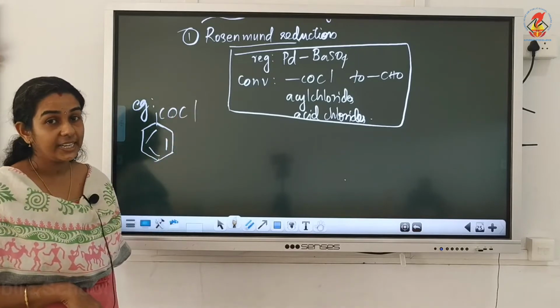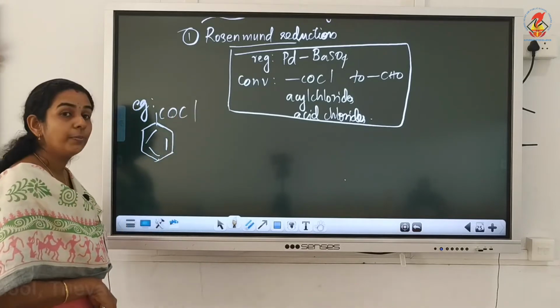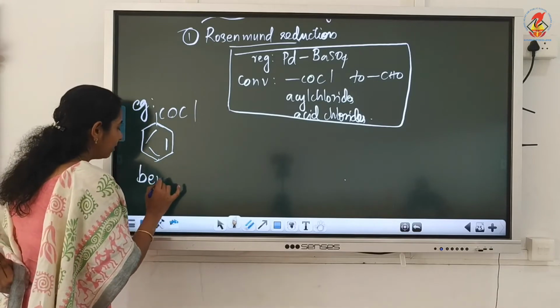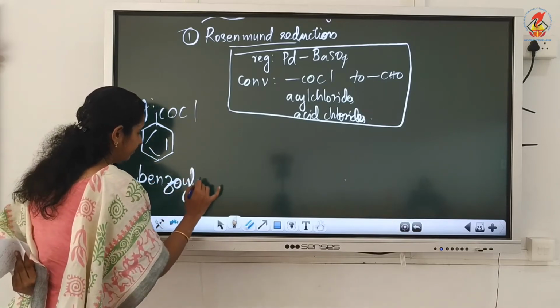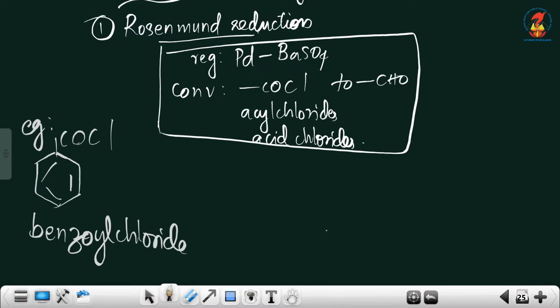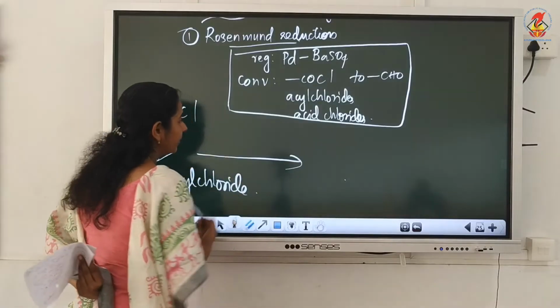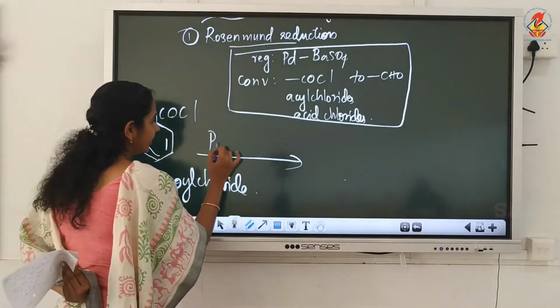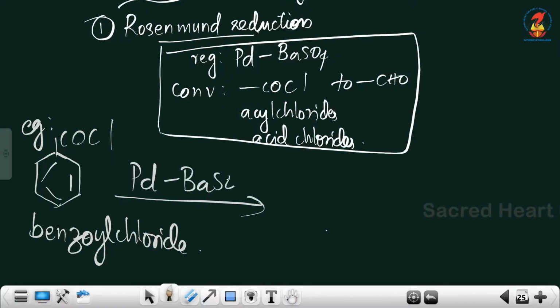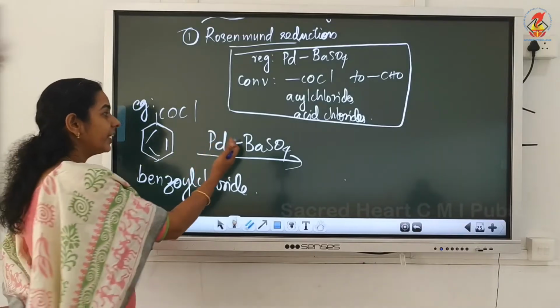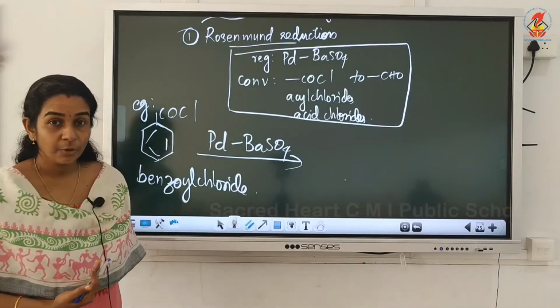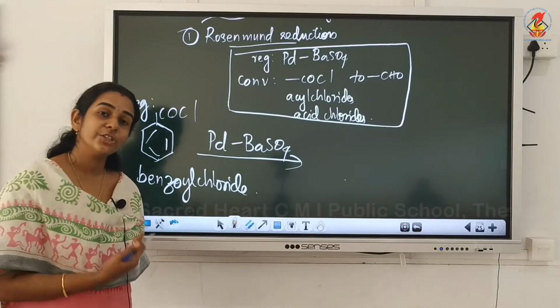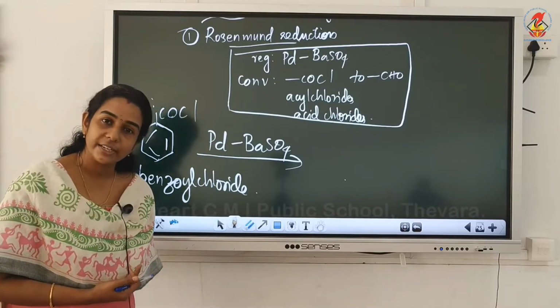Benzene ring containing COCl, the name of the compound is benzoyl chloride. So, if a question comes, benzoyl chloride, above the arrow it is written as palladium on barium sulfate, and we know that if the reagent above the arrow is palladium on barium sulfate, the reaction taking place will be the reduction.